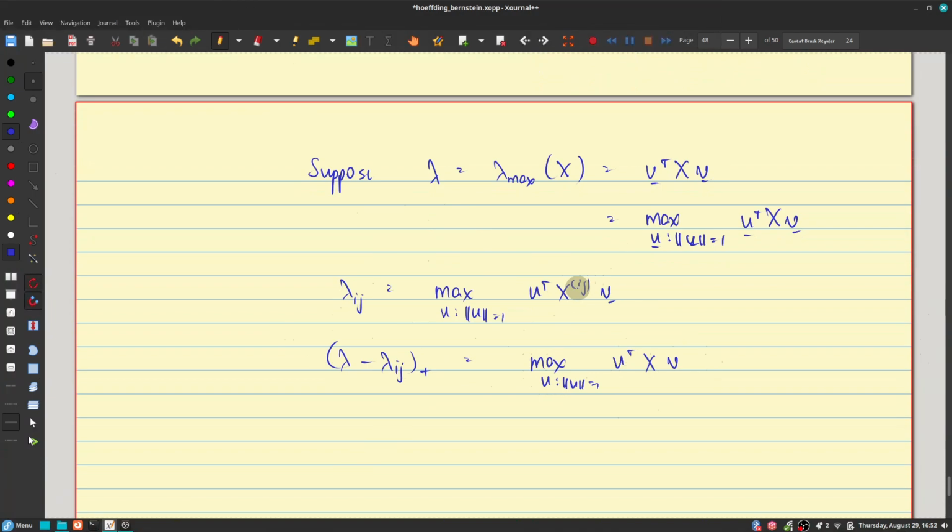V is the eigenvector corresponding to the largest eigenvalue of the matrix X. Yes, and we are also keeping the constraint that norm V is 1. It's the normalized eigenvector.